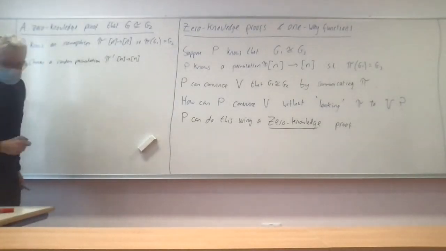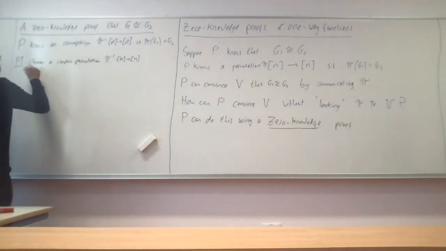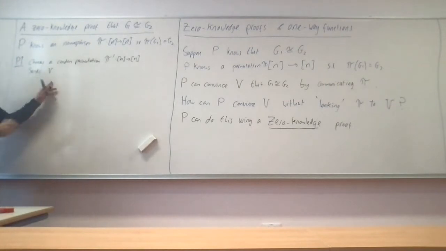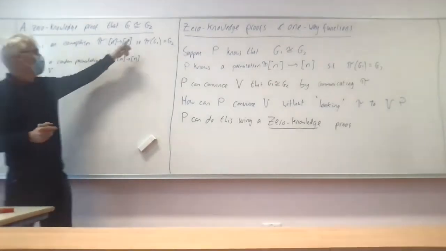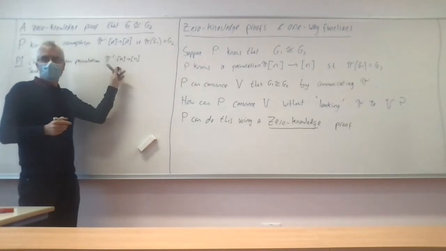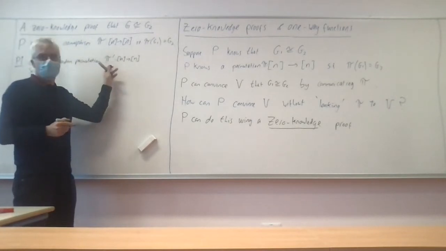And it sends the verifier what we get by permuting G2 according to the permutation π′.